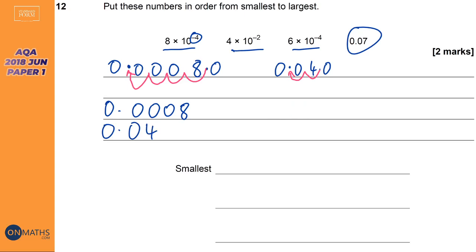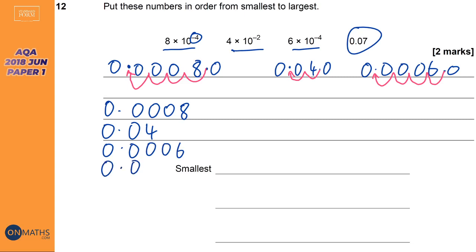Okay, and finally we've got the 6. So 6.0, we've got 1, 2, 3, 4 jumps. Put the decimal point in and a 0 for every jump there. So that's going to be 0.0006. And we've already got the 0.07 just in our ordinary number, so that's easy.